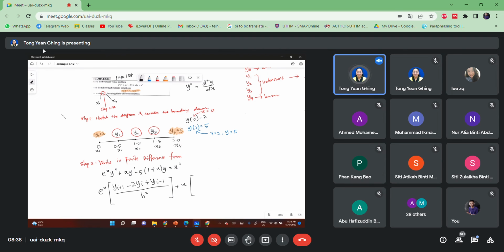For y prime we use the first derivative formula, this one, and then minus 5(1 plus x) y.